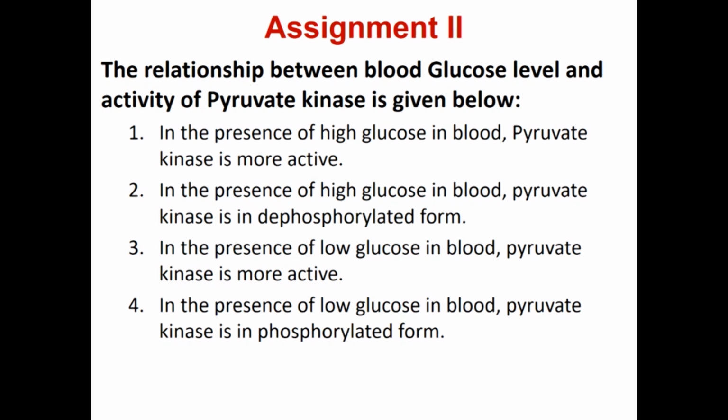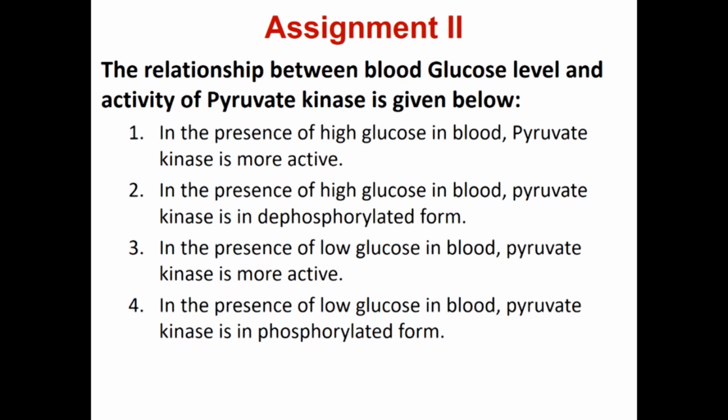What you can see is simple: when you have a high glucose level, the pyruvate kinase activity will go up, and pyruvate kinase is present in two forms. One is the dephosphorylated or native form, and the other is the phosphorylated form.